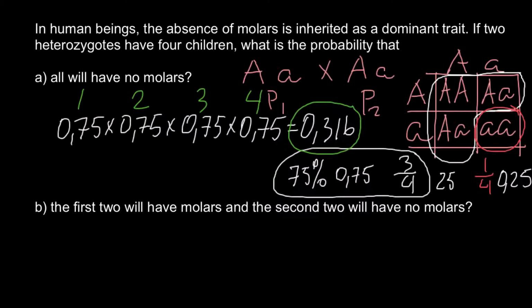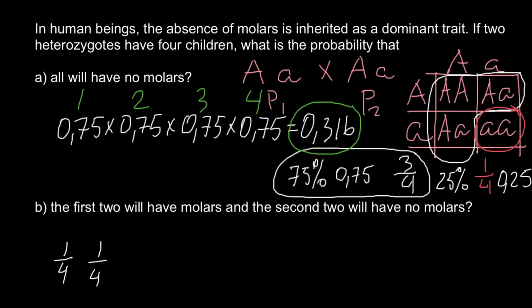So different answers can be given here, and we can use any number. So for example, 1/4 chances that the first child would have morals, and 1/4 chances that the second child would have morals.